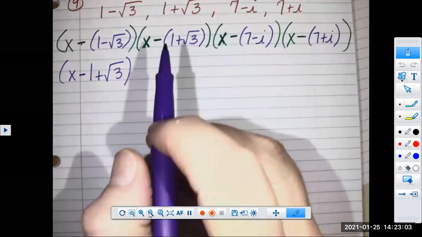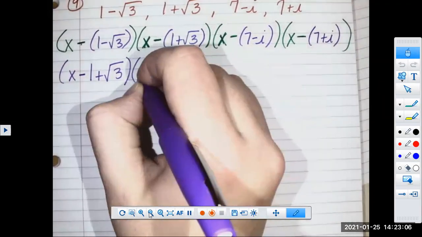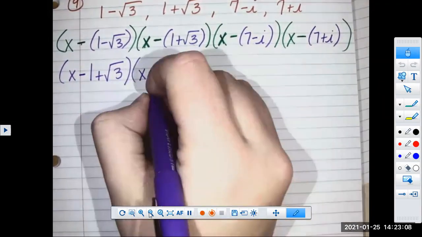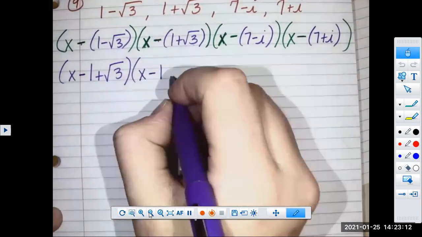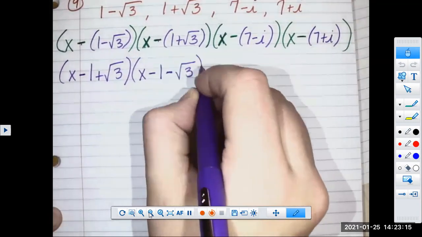All right, and then from here, you're going to be left with x minus 1 minus root 3.